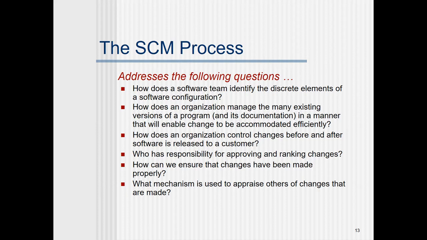Okay, this was the functionality requirement that came out of the original product after delivery. As a result, the team has identified a variety of options related to satisfying the requirements, which is nothing but software configuration. Am I clear? How does an organization manage the many existing versions of a program and its documentation in a manner that will enable change to be accommodated efficiently?